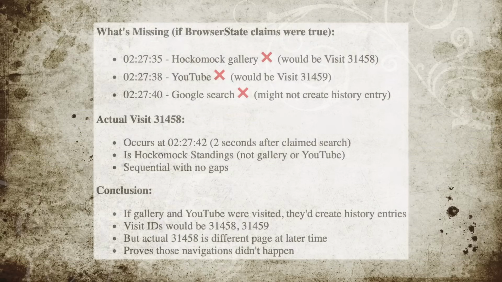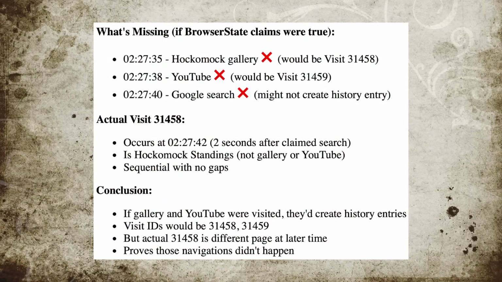However, Browser State DB tells us that visit 31458 is supposed to be hockey mock gallery and 31459 is supposed to be YouTube. If they were visited, they would be in those visit ID positions, but the actual 31458 visit is a different page at a later time. It proves those navigations didn't happen.